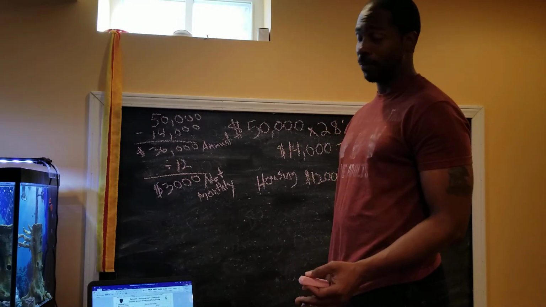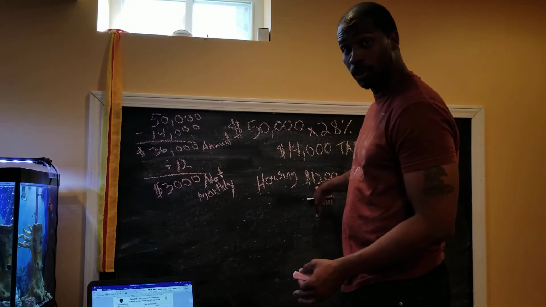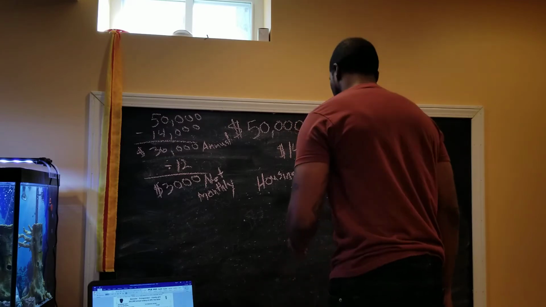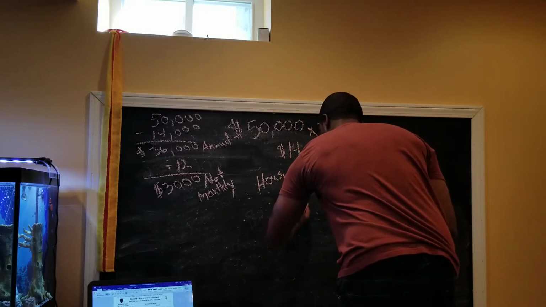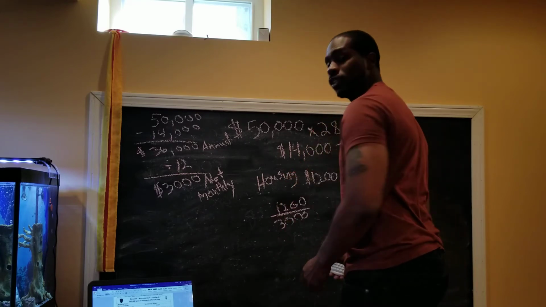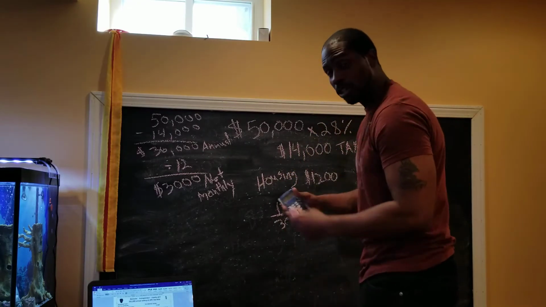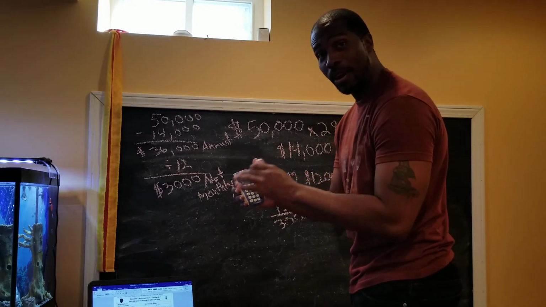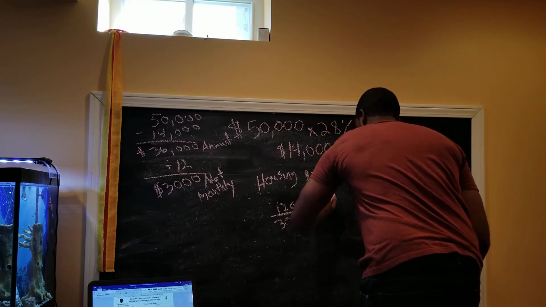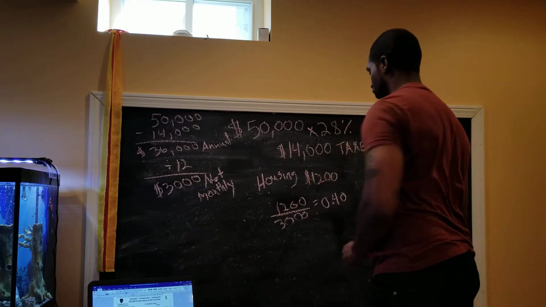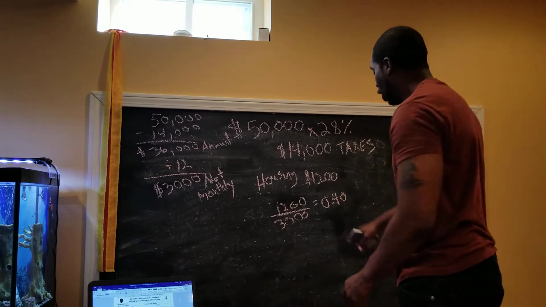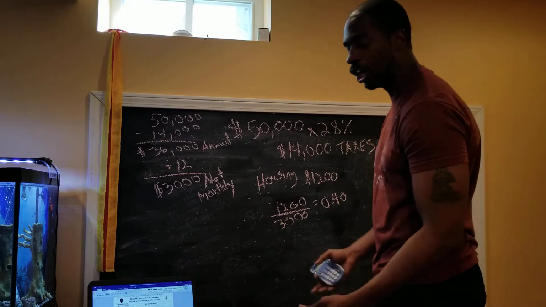So it's asking for a percentage. So how do I find that? I take that $1,200 and I divide it by the net monthly income. So that $1,200 is divided by $3,000. I take my trusty calculator, put in 1,200 divided by 3,000, I get 0.40. That number right there, I then multiply by 100 because percentages are out of 100.